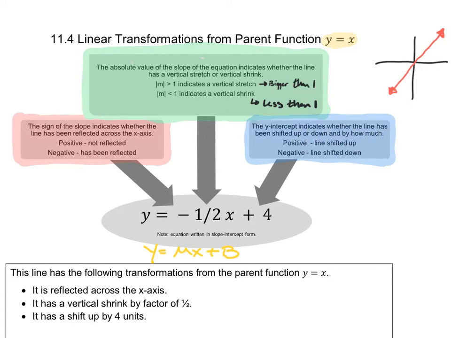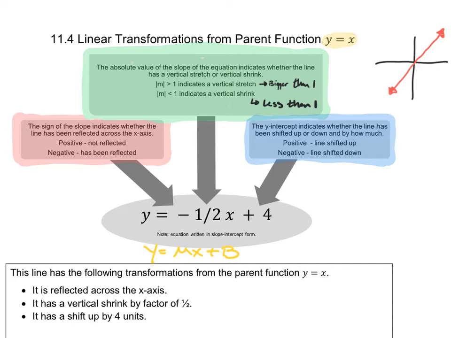Your y-intercept tells you whether you shift your line up or down. So all it is is an up or down shift. If it's going up, it is positive. If it's going down, it is negative.